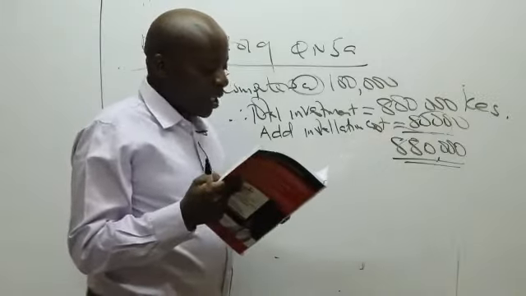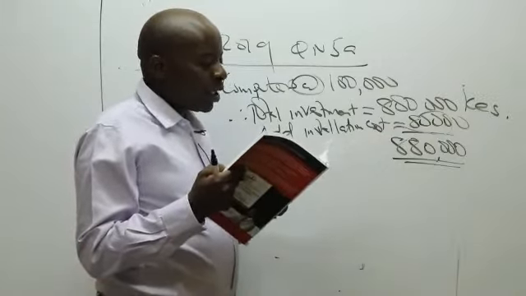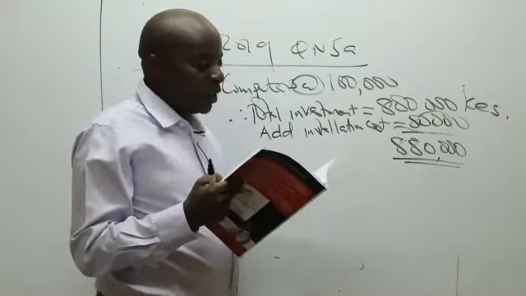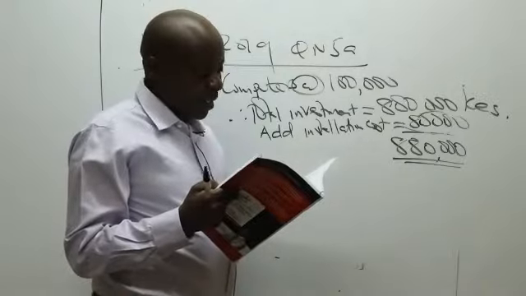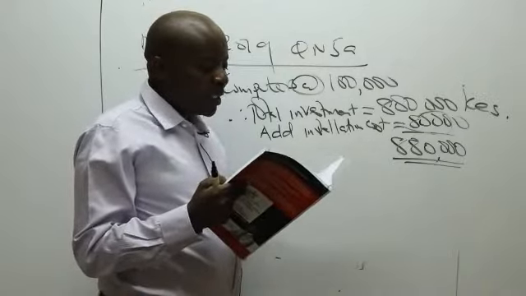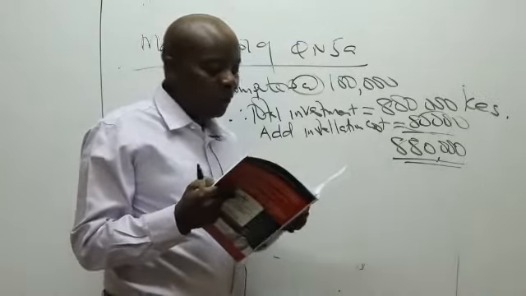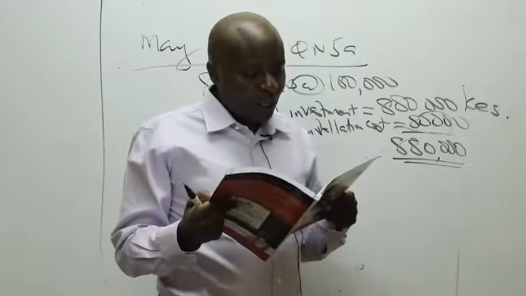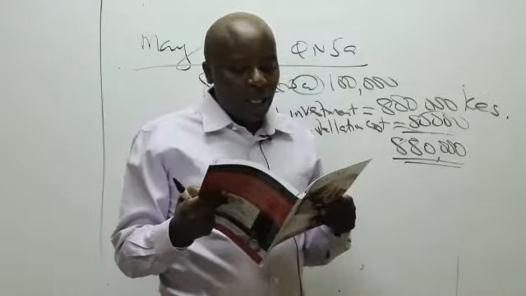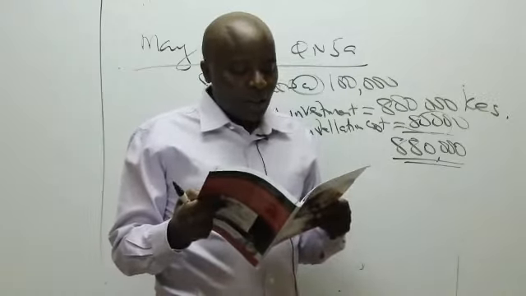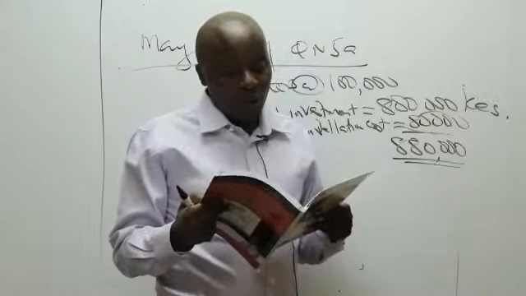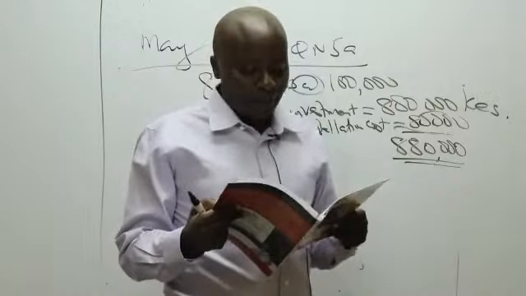Thank you very much. Now we are told the computers are expected to last for 10 years, after which they will be obsolete with 0 resale value. The operations manager proposes that the computers will be useful for 15 years with no resale value. The marketing manager, on the other hand, argues that the company needs the computers for only 5 years, after which they will be disposed of at 50,000 each.